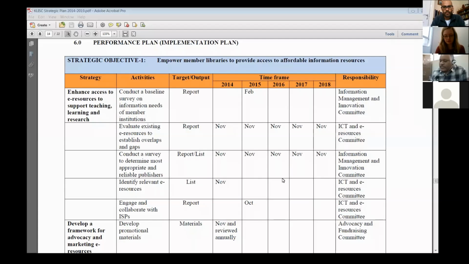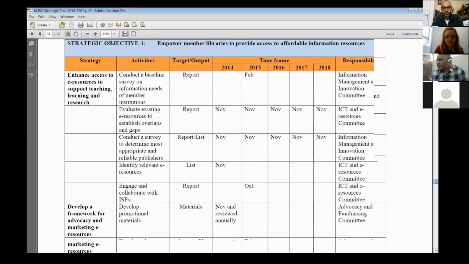And if I can just share my screen, this is an implementation plan that CLISC has for the strategy. Is everybody able to see it? Yeah. All right, let me just go down.